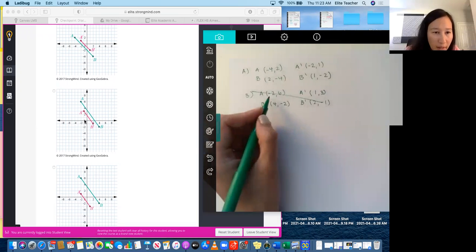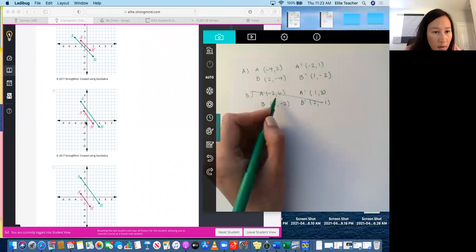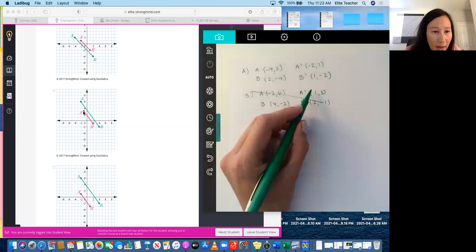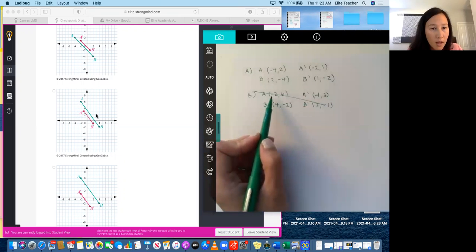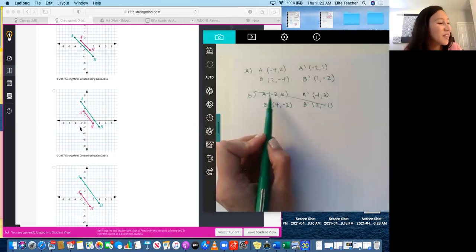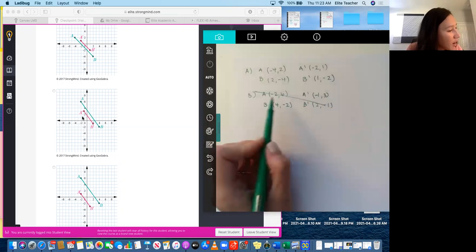Did I write my points right? Let me make sure. -2, 6. Oh, you know what? For A prime, I missed the negative. That's a good reminder to be careful as you're writing your points. All the other points are half.